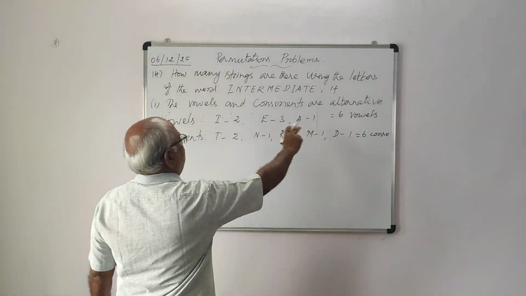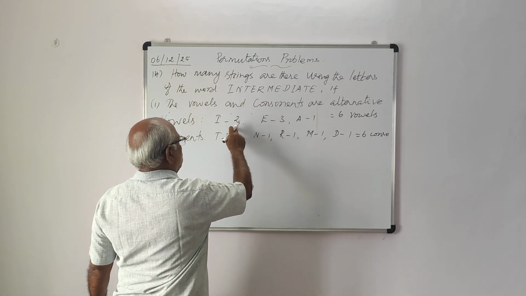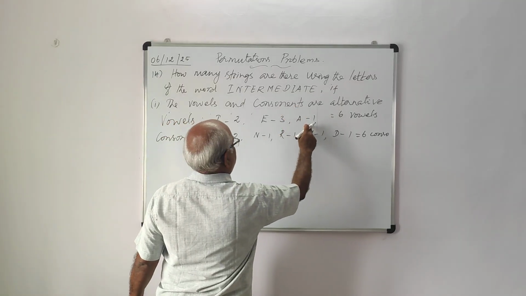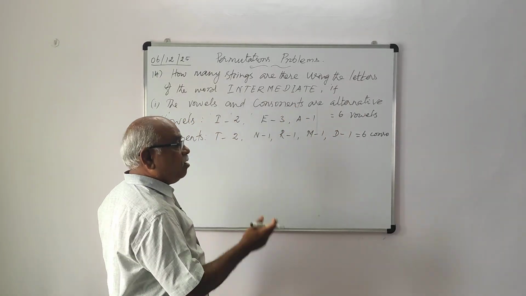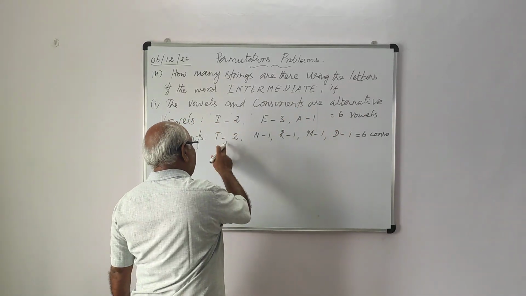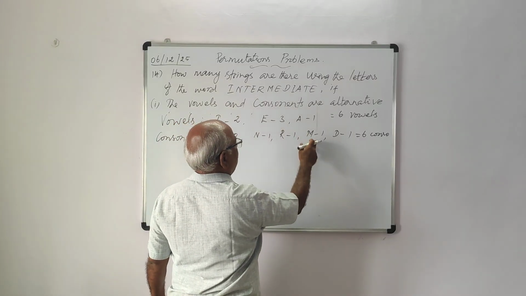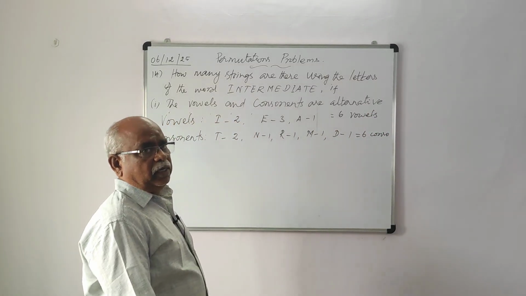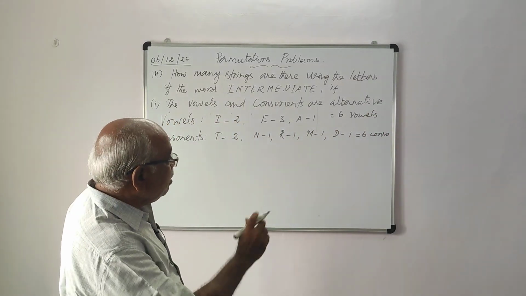Out of which vowels are 6: 2 i's, 3 e's, 1 a, total 6 vowels. Similarly, consonants are also 6: t 2, n 1, r 1, m 1, d 1. Totally 6 consonants. So they are in alternate places.